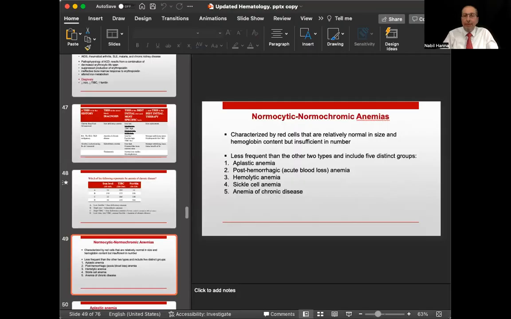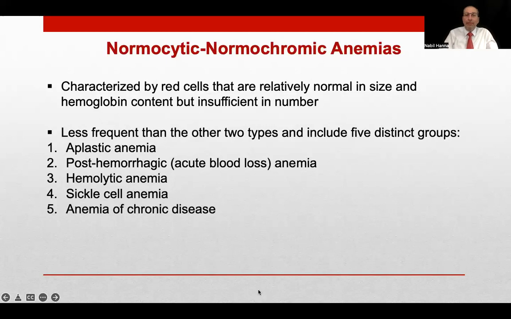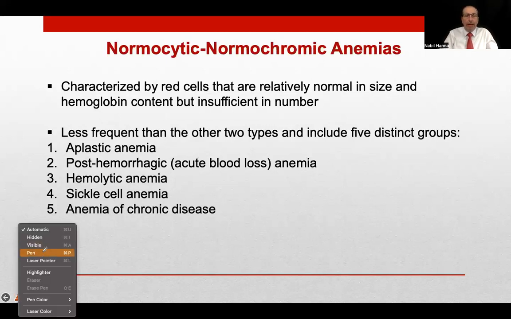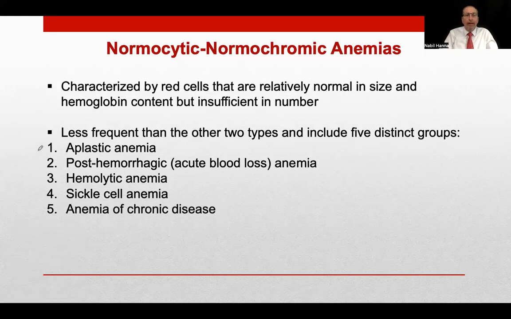In this segment, we're going to discuss the normocytic anemias. Usually, normocytic anemias are less frequent than microcytic and macrocytic. Acute blood loss anemia is a normocytic anemia.